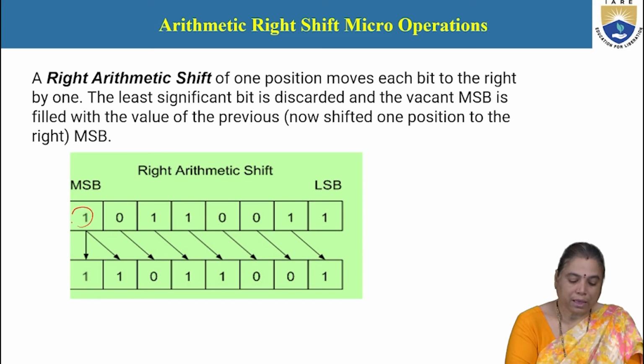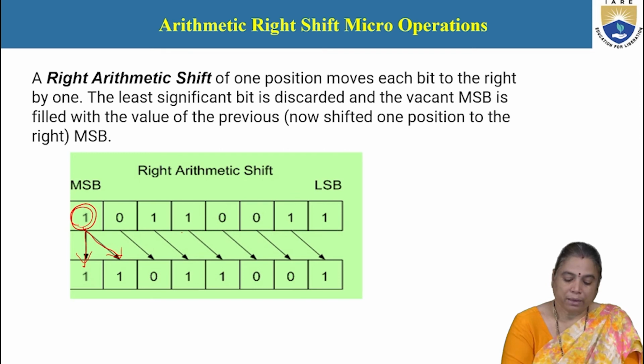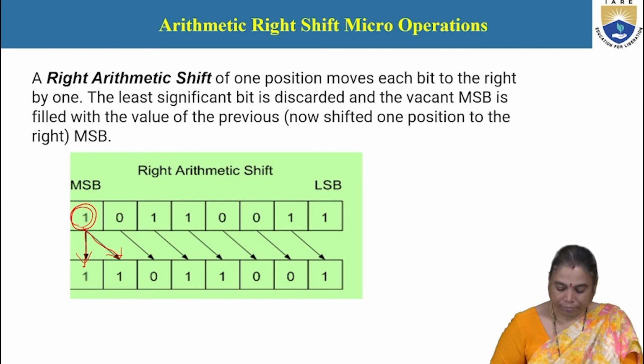The MSB bit is copied to the MSB position and the next position also. The remaining bits are moved right by one position. The LSB is discarded. So this is the right arithmetic shift.